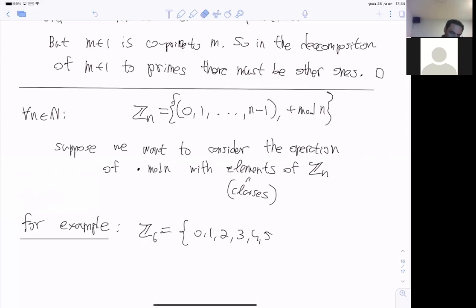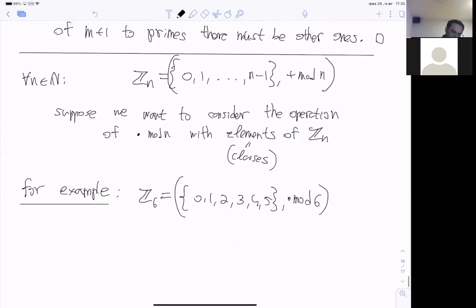I mean, this should have been a set, and all this algebraic structure is with these brackets. So suppose we want to consider this thing.